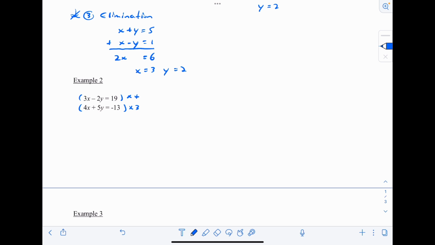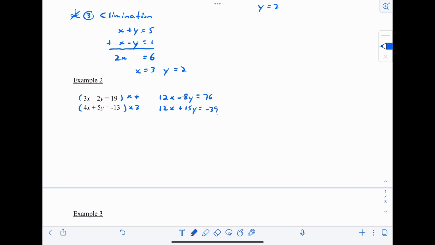I can subtract the equations to eliminate x, solve for y, and continue on. So that's going to give me equations of 12x minus 8y equals 76. And then in the second equation, we'll have 12x plus 15y equals -39.